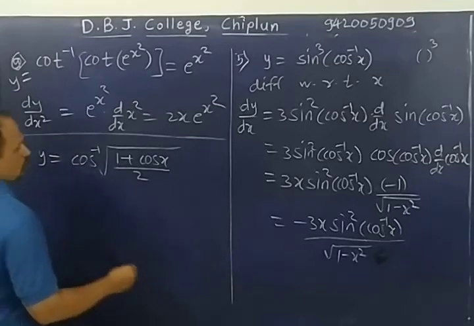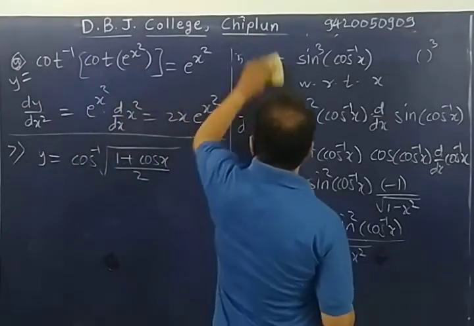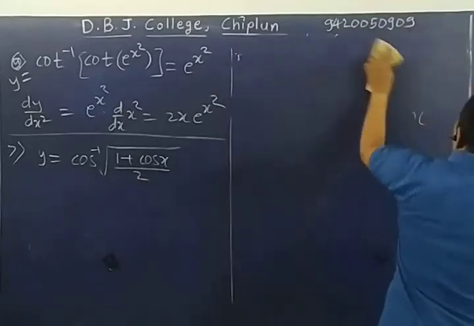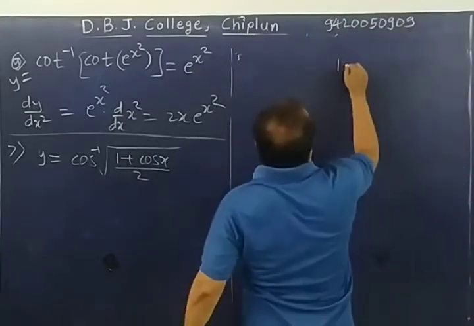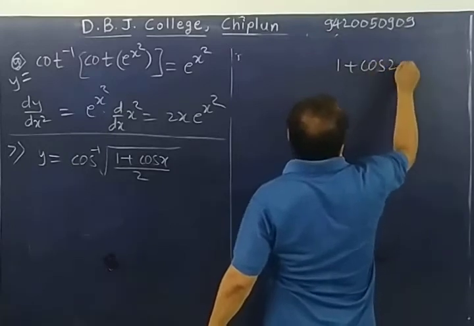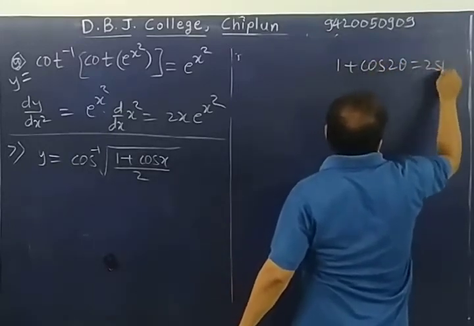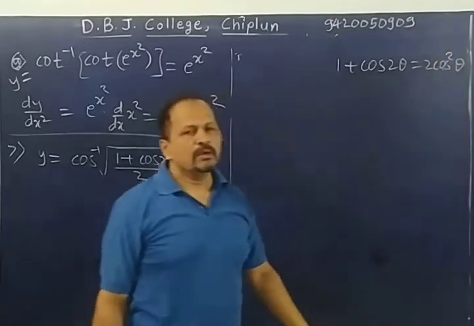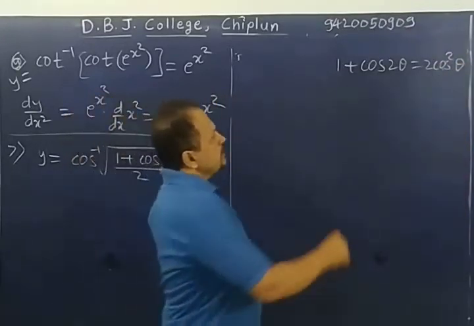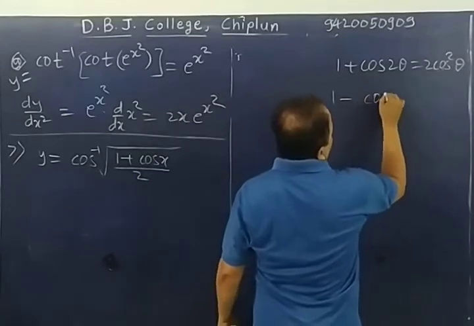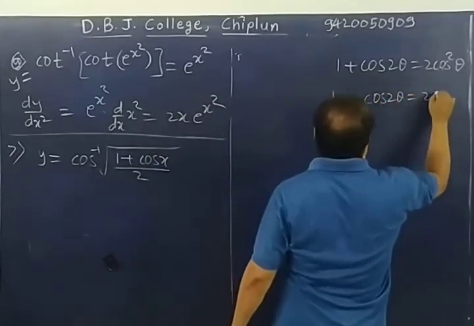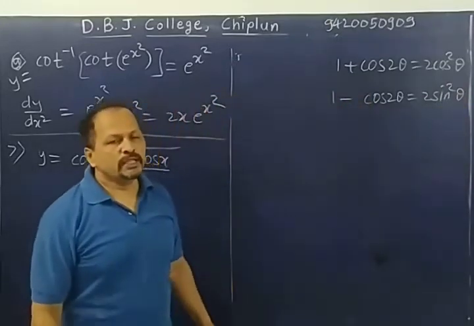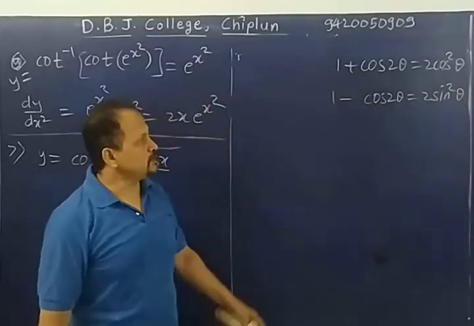Here I know the formula: 1 plus cos 2 theta is equal to 2 cos square theta, and 1 minus cos 2 theta is equal to 2 sin square theta.